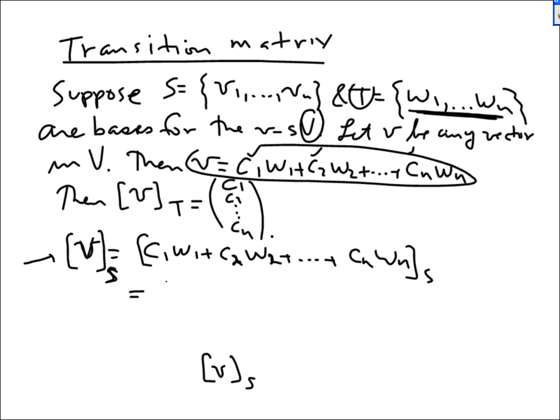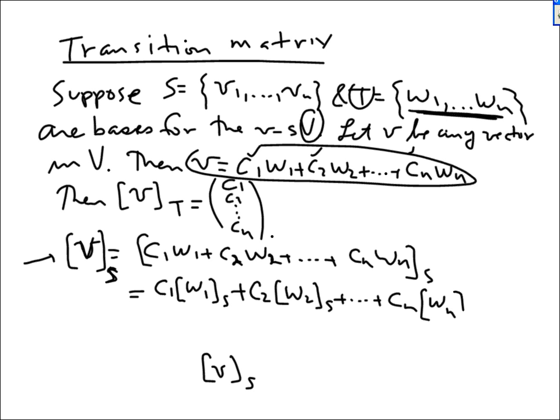This is c1 times the coordinates of vector w1 with respect to S, plus c2 times the coordinates of vector w2 with respect to S, all the way down to cn times the coordinates of vector wn with respect to S.